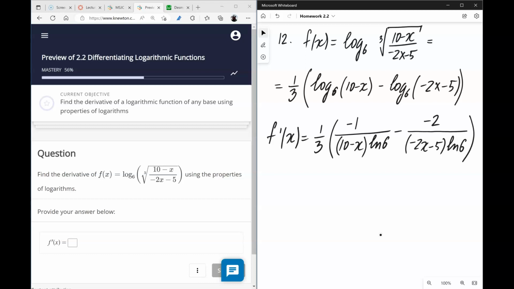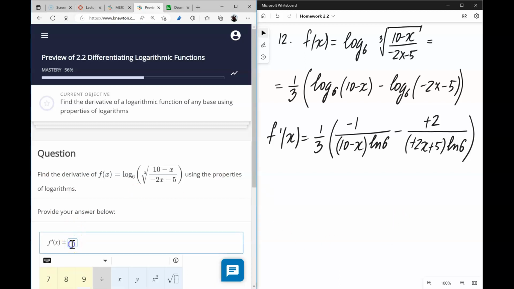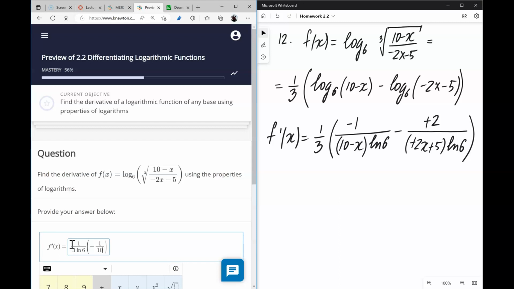And this is the answer. And we can get rid of these negatives to make it all positives. But other than that, there isn't much we can do there to simplify. We can take ln 6 out like this. So we have here negative 1 divided by 10 minus x minus 2 divided by 2x plus 5.